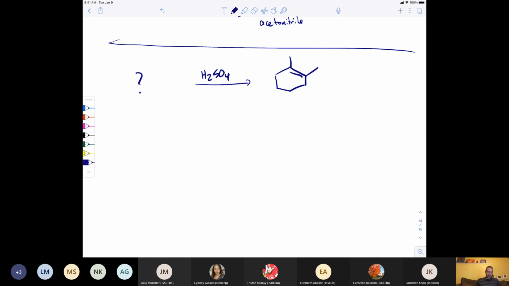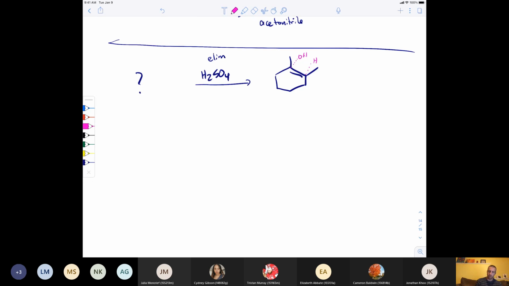Now, with sulfuric acid, and we're making an alkene, we know we're going to be doing elimination. Either E1 or E2, it doesn't really matter at this point. What you should do is start thinking about some starting molecules that could undergo elimination to give you an alkene like this. Probably the most straightforward thing is to think about this molecule if you put an OH and a hydrogen back on there.